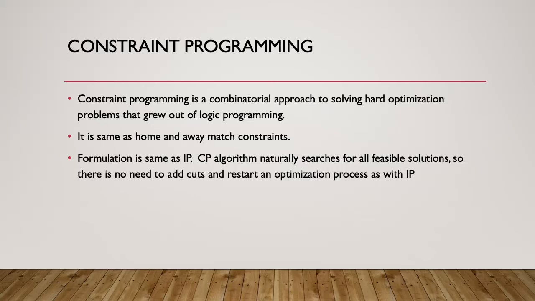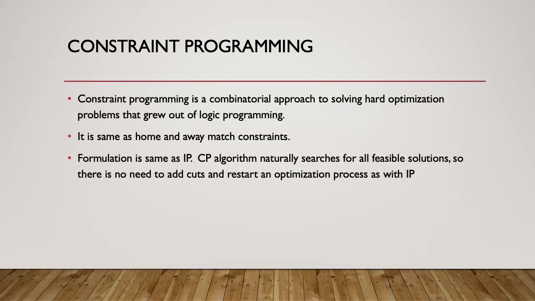Hens reported that the most effective search strategy seemed to be first enumerating the variables associated with the first slot and progressing to those associated with the last slot. So first we enumerate all these variables and assign them to the first slot, then progress to the last slots. The formulation is the same as the IP.